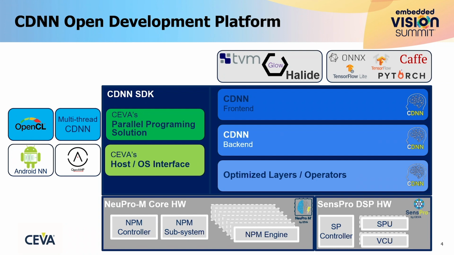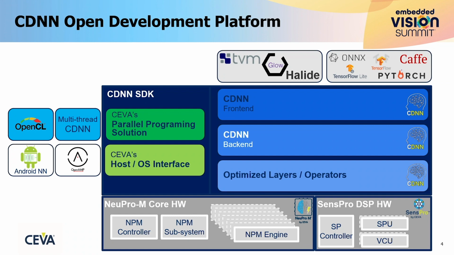But there is also an option, if you want to use TVM or GLOW, open source graph compilers and runtime frameworks. In that case, CDNN serves as a backend, meaning the compilation and the parsing is done by TVM, for instance, and then it offloads layers or subgraphs or even the entire network onto the CDNN and from there to the hardware.